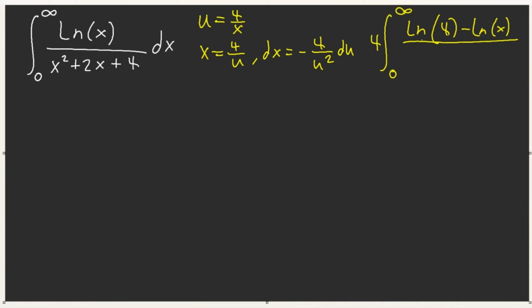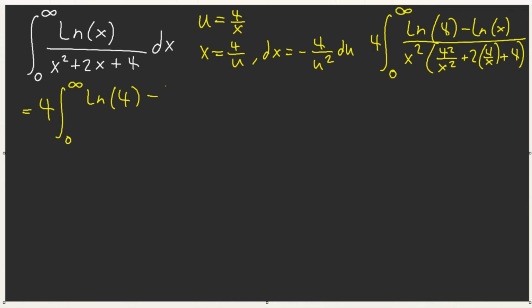We have x squared, and then 4 squared over x squared. I'm going to leave it as 4 squared, 4 over x plus 4.